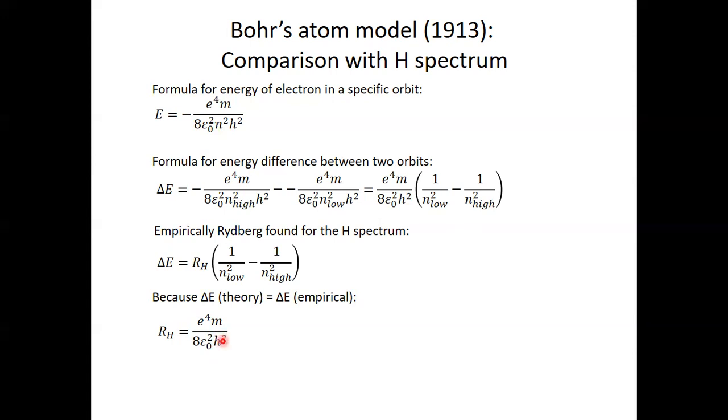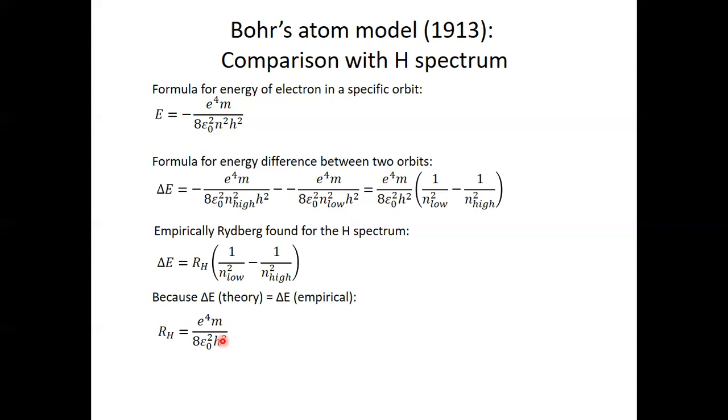And that means that experiment and theory are in excellent agreement, which of course strongly supports the Bohr atom model. And it of course strongly supports that the radii of the electron in the orbits are really being quantized.